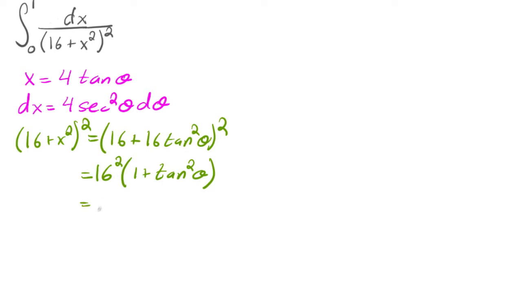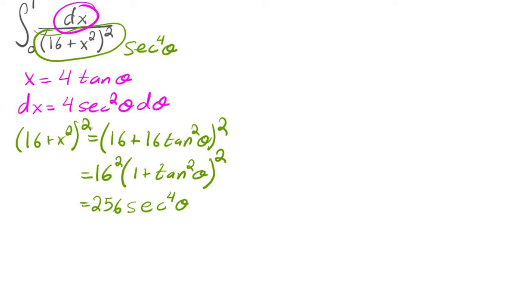And 16 squared, well, that's 256. And then 1 plus tangent squared, that's secant squared. So this is going to be secant to the 4th. This right here is secant squared, and then you square that, so you get secant to the 4th theta.